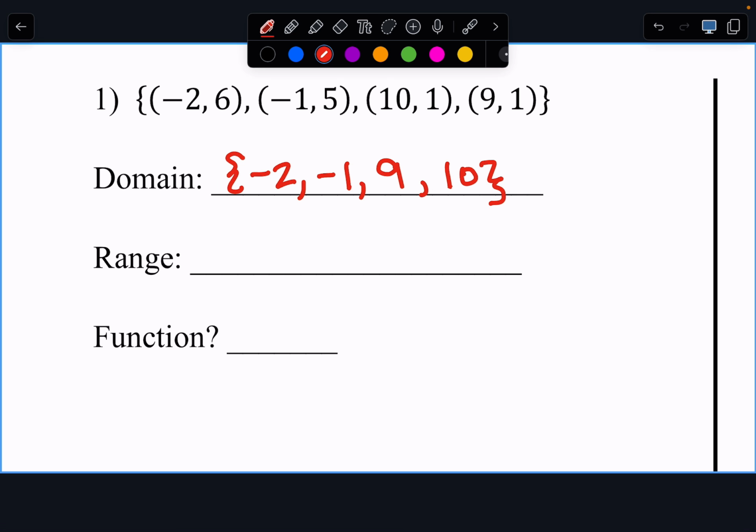How many coordinates do we need to write down in our range? So I don't need to write down 1 two times. I can just write down 1, 5, and 6.